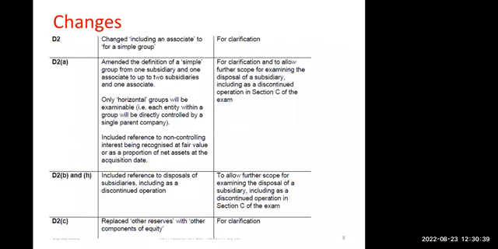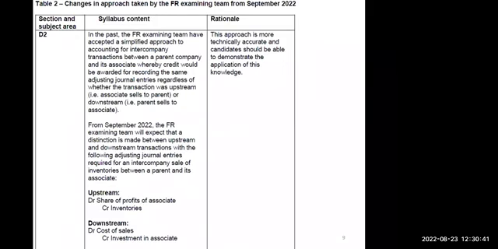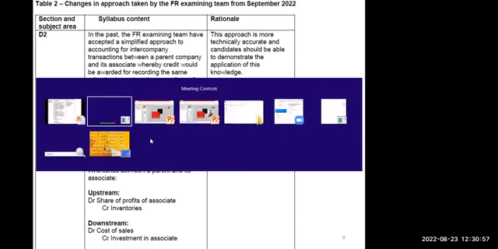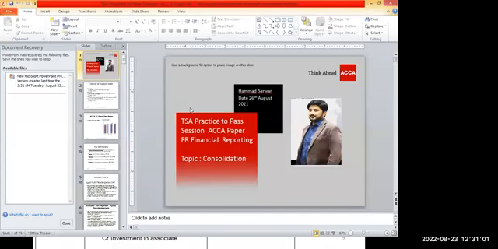Talking about the major change in the syllabus, it's about the concept of associate. When the parent company sells goods to the associate company, or the associate company sells goods to the parent company, what will be the accounting entry in this case? Can you tell me the accounting entry?